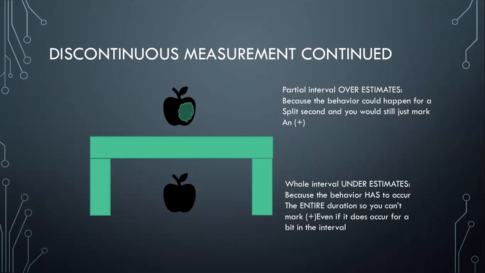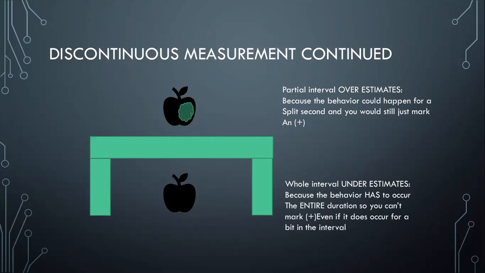Because it only has to happen for a split second in the interval for it to get the plus sign. So it's overestimating. Even if it only happens for 1 second in the interval, according to the data, it could have been 10 seconds, it could have been 9 seconds, or it could have been 1.